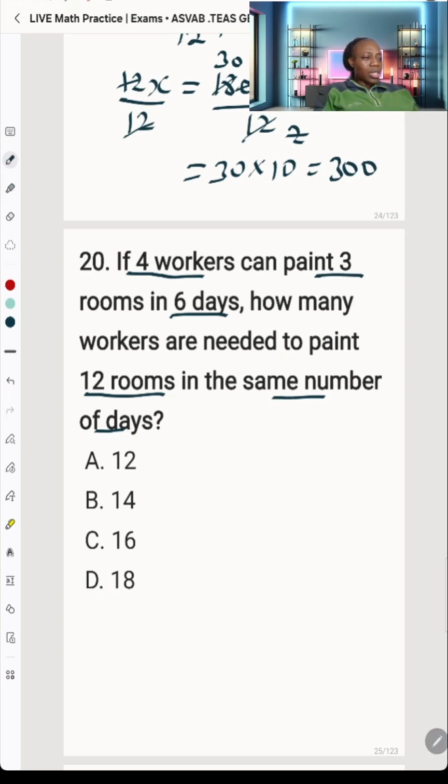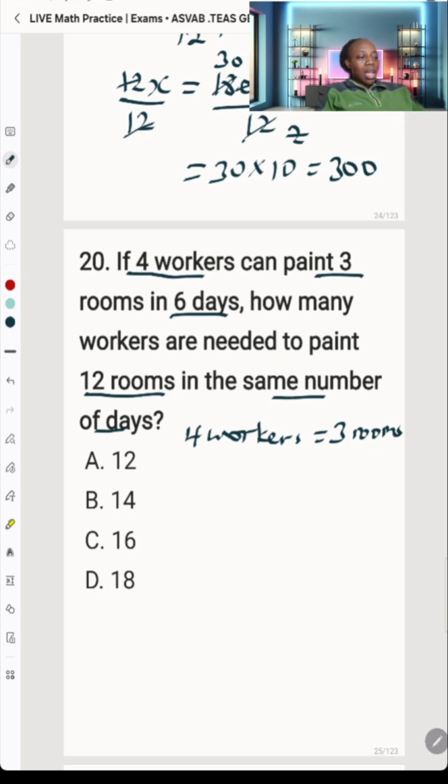Let's identify those things. 4 workers will paint how many rooms? They will paint 3 rooms. We know the number of days, they are using the same days, right? Let's not bother ourselves.